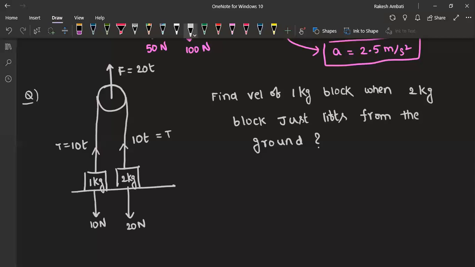So we are finding the velocity of the 1 kg block when the 2 kg block just lifts off from the ground.